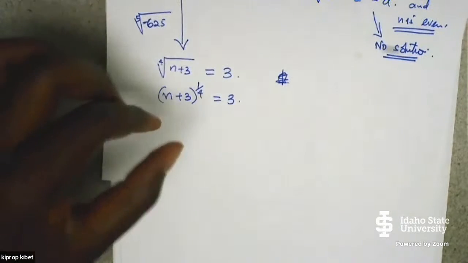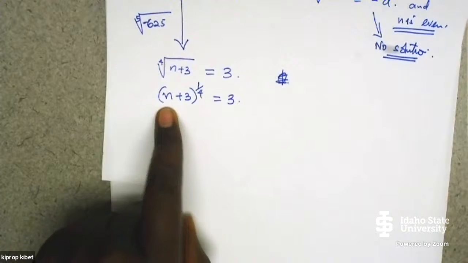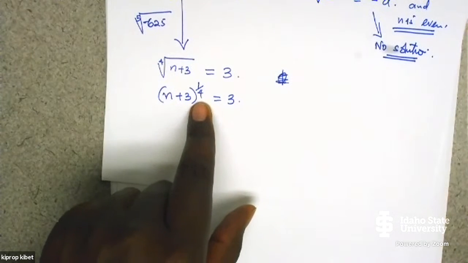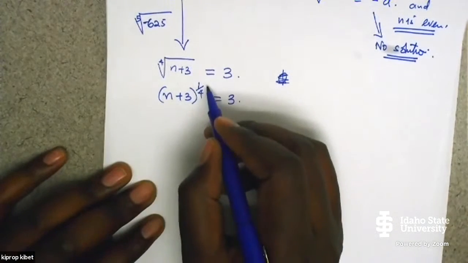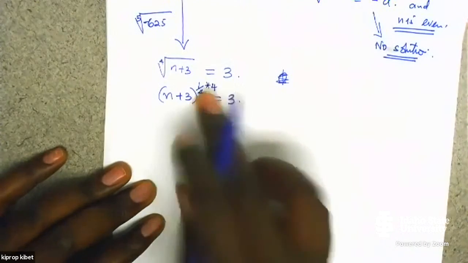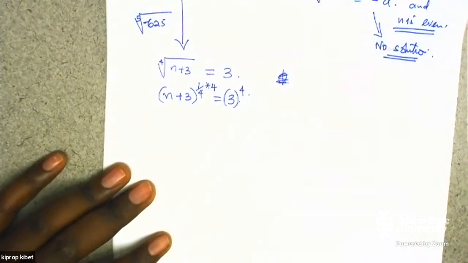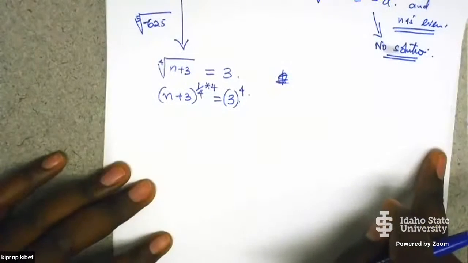Now, we need to get the value of n. To get the value of n, what do we do to the radical here? To remove this radical, we raise both sides to the power 4. What you do on one side, you do on the other side.